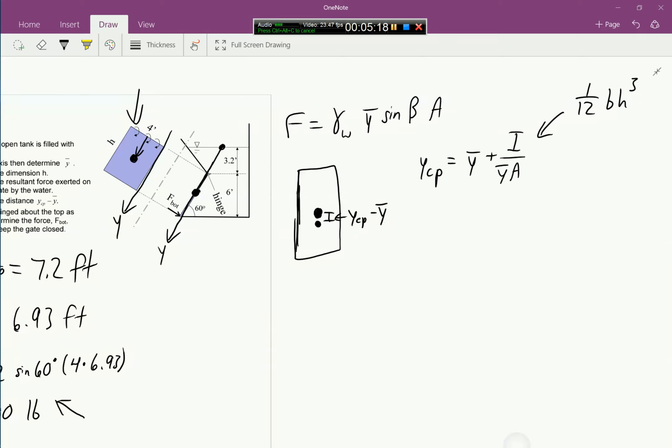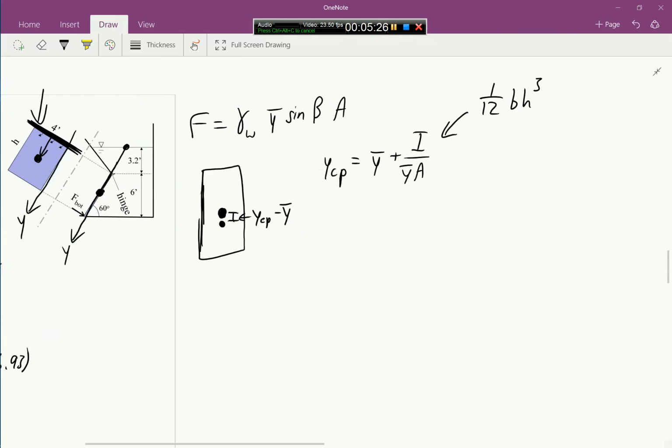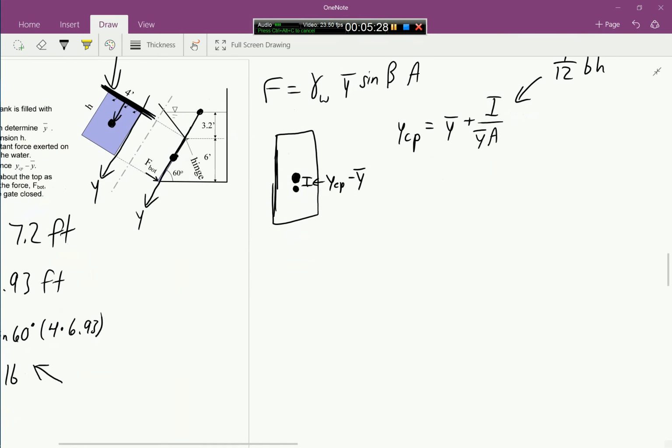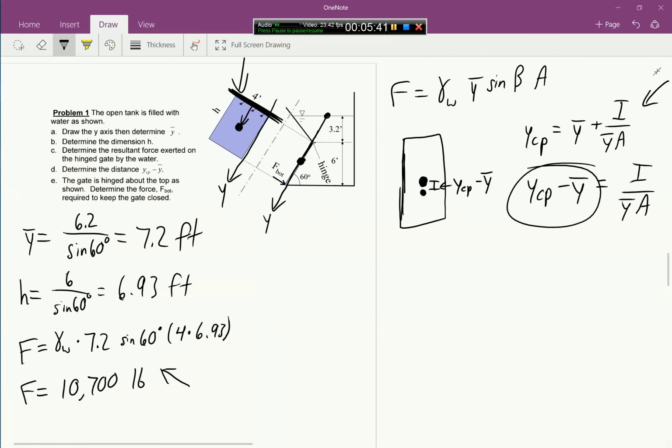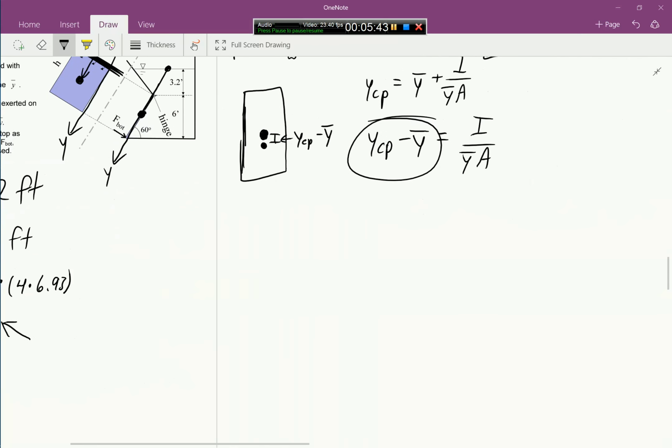The base is always the surface that is parallel to the water surface, and h is going down in the z direction. So if we just manipulate this equation a little bit, we get YCP minus y bar is equal to I over y bar A, and this value right here is what part D is asking for.